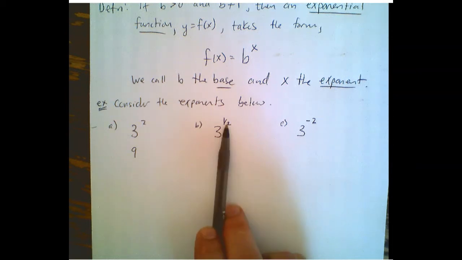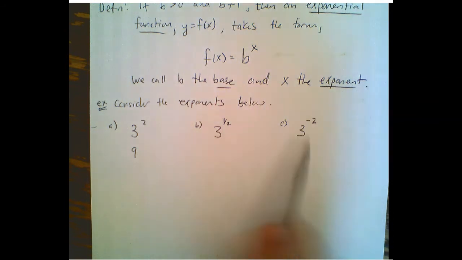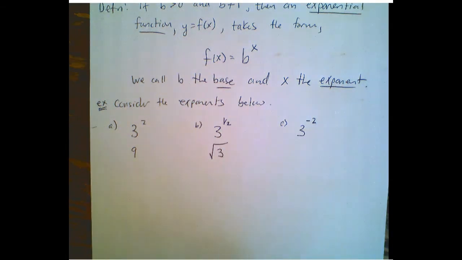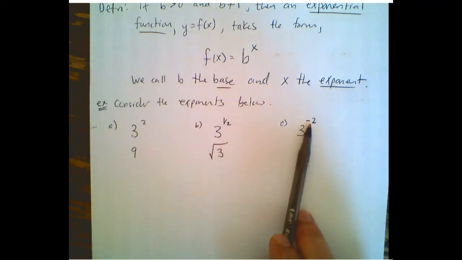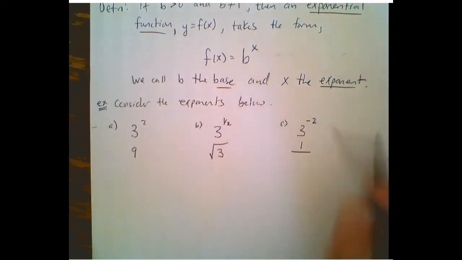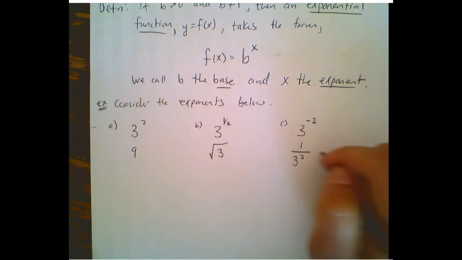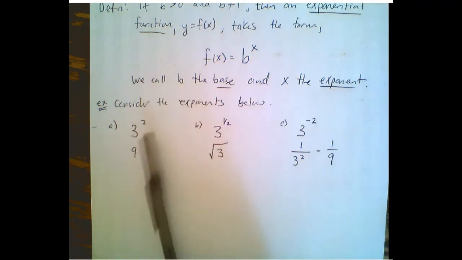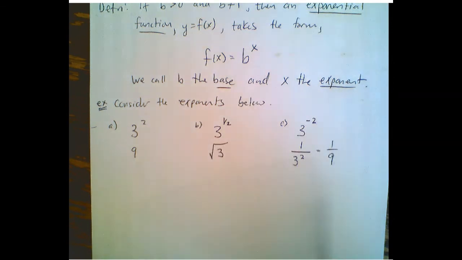So 3 to the 1/2 power is like the second root of 3, equivalent to the square root of 3. Lastly, we've dealt with negative powers before. If we raise some number to some negative power, this is equivalent to 1 over this to the positive power, or 1/9. Okay?